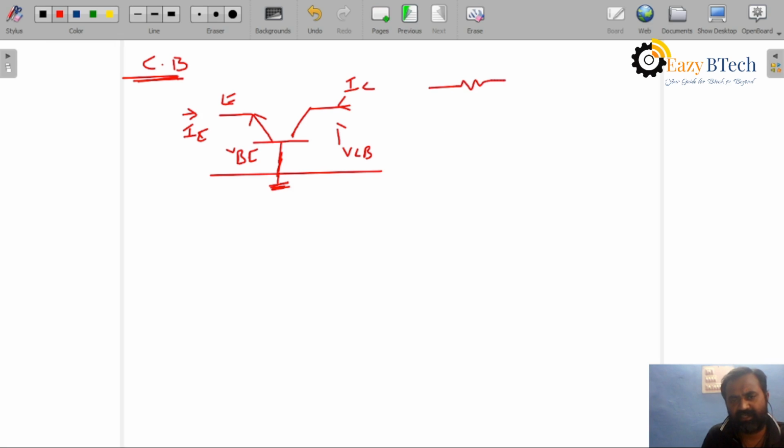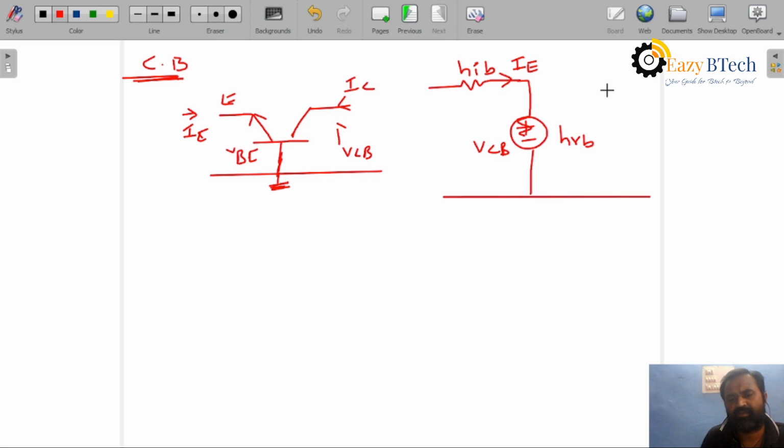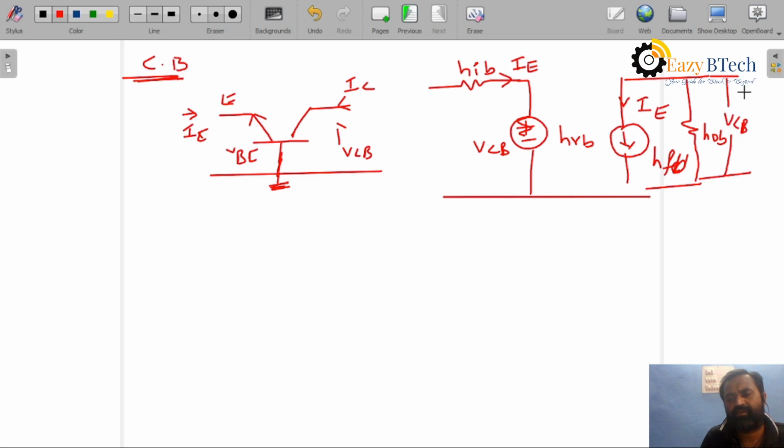This we will write as HIB IE, HRB VCB, HFB IE, H0B VCB, load resistance RL, output current is IC.